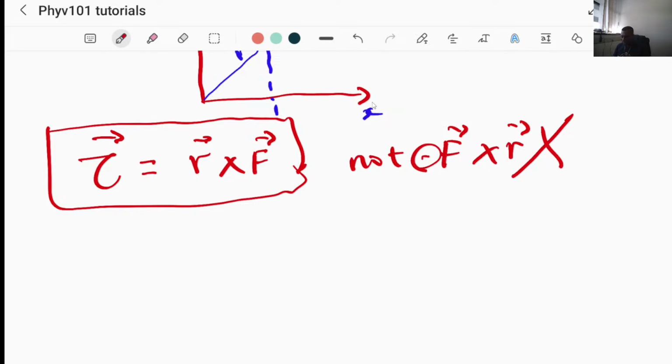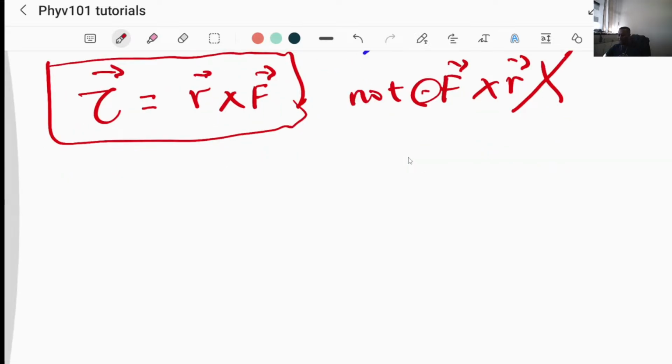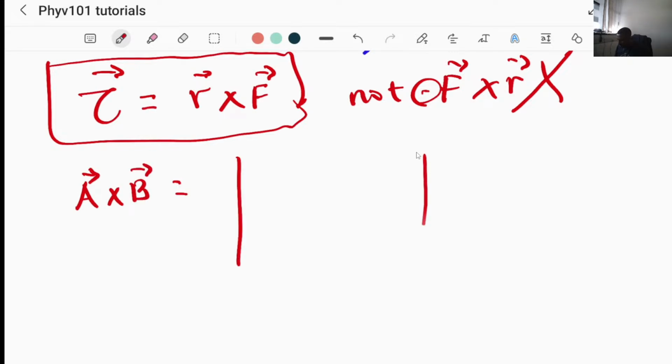Then, what's next? Remember the analogies that we have been using. It's a cross product between two vectors. Remember we said A cross B is given as a magnitude, or there is a determinant way of finding vector calculus.